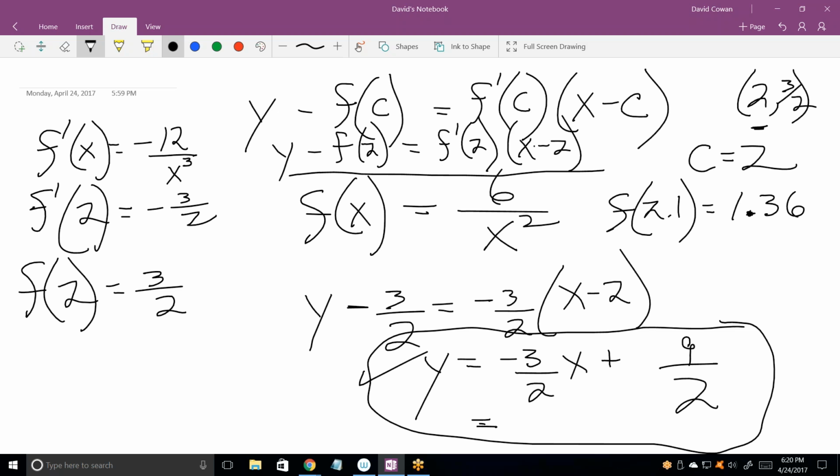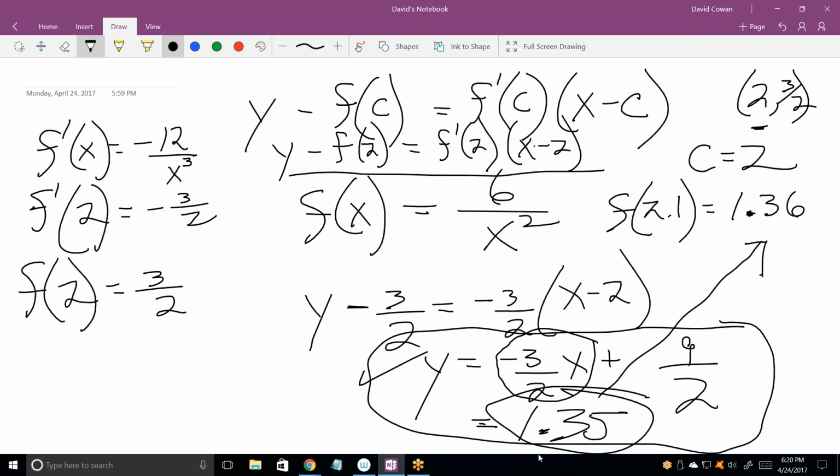Well, first of all, multiply minus 3/2 times 2.1. What's that? -3.15. Now add to that number 4.5, which is 9/2. 1.35. Look at how close our approximation is to the correct answer. We got 1.35 compared to 1.36.